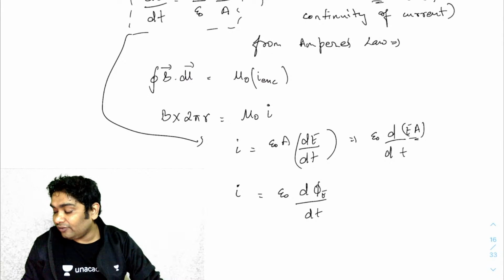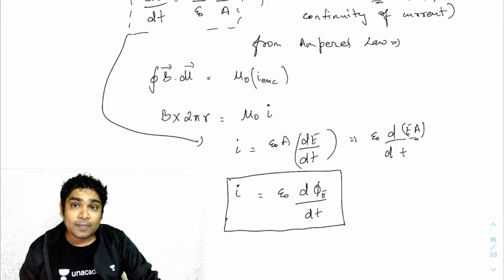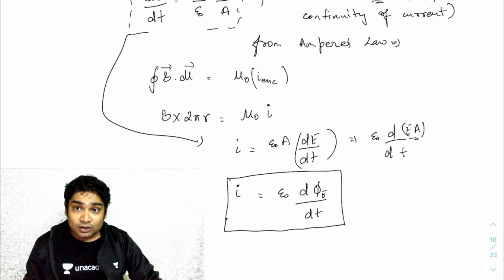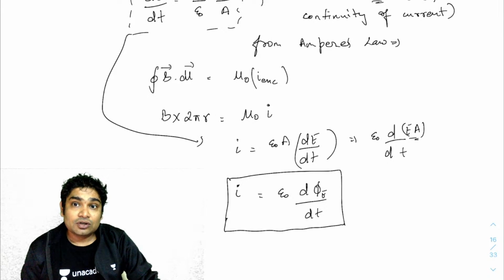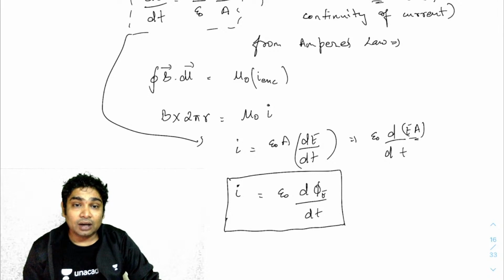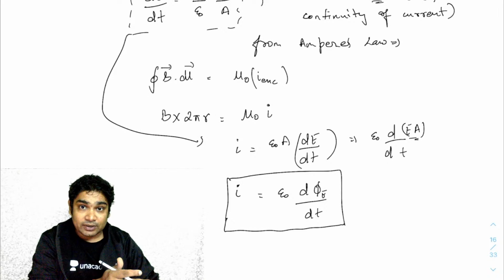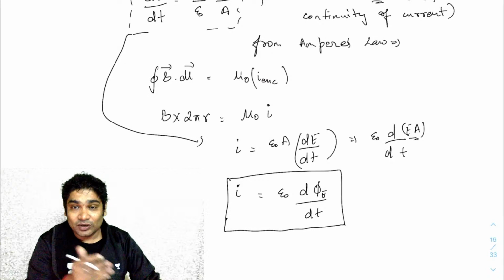So if you have an electric field which is changing, that would cause a changing electric flux through a region or an area, and that can be considered equivalent to this amount of current. From any region, if the electric field is changing, it will cause the flux to change in that region, and that flux would be equal to the amount of displacement current, or imaginary current, which can be related like this.